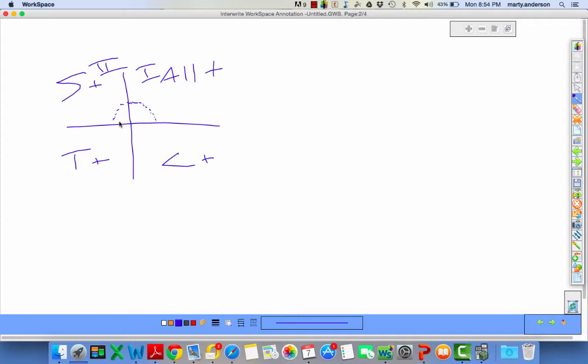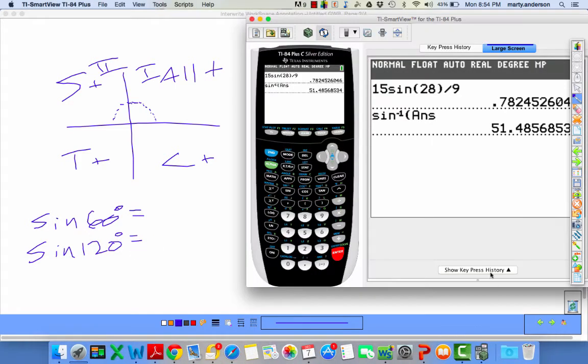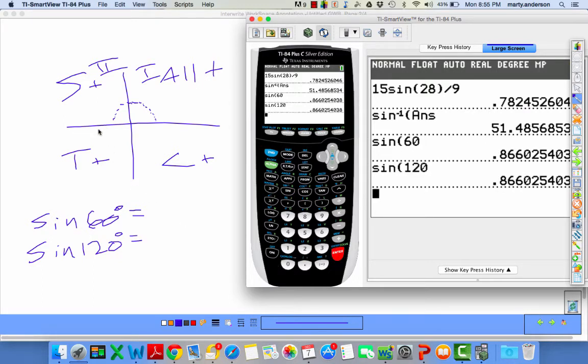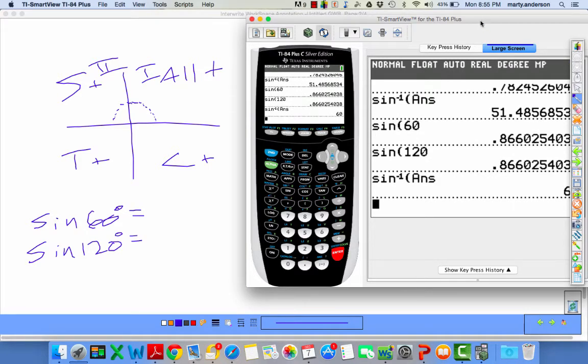Because of that, for example, if you check on your calculator the sine of 60 degrees and the sine of 120 degrees, what are the answers? They're the same thing. That means that when I do the inverse sine of 0.866, which is square root 3 over 2, I get 60.